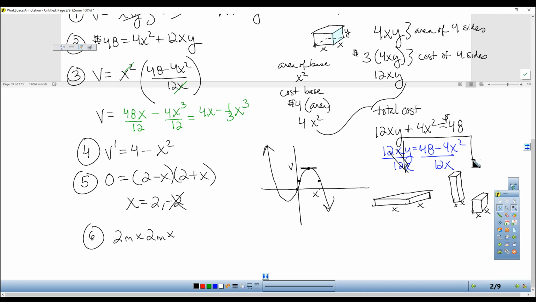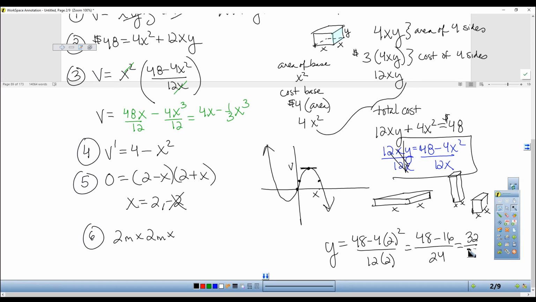And this is where I go back to this equation that I used for y. Y is equal to 48 minus 4 times 2 squared over 12 times 2. 48 minus 16 over 24 is equal to, what is that? 32 over 24 divided by 8 is 4/3. 1 1/3 meters.